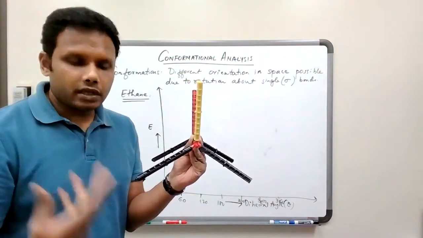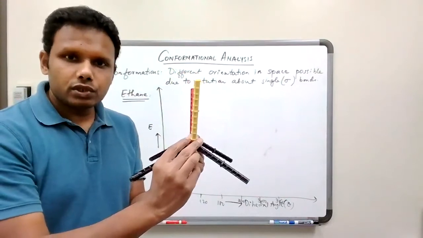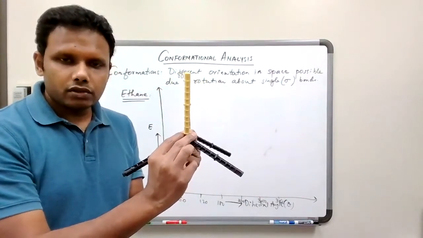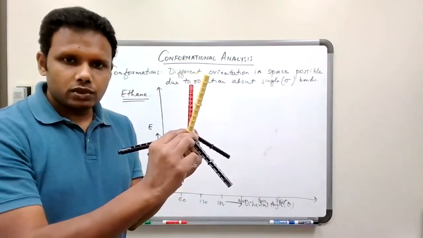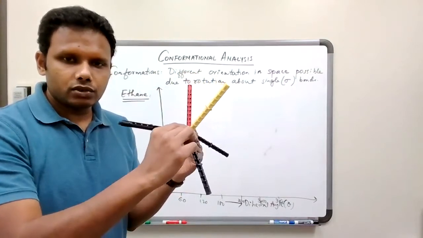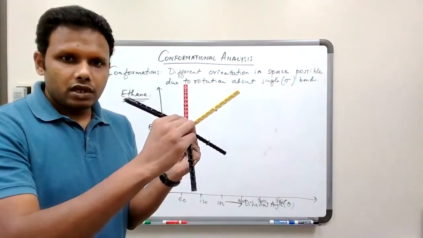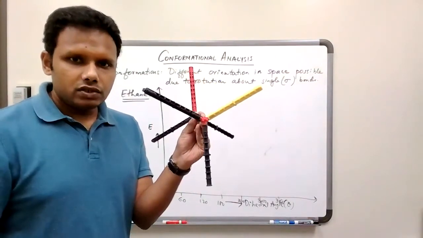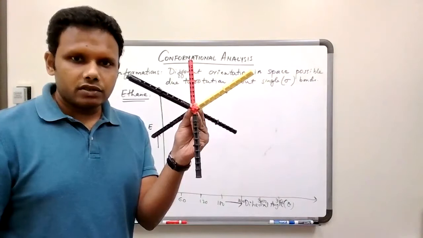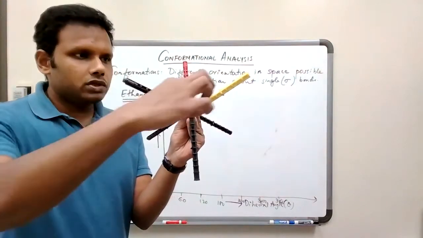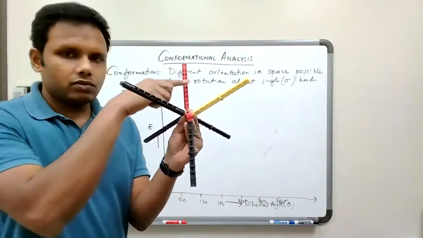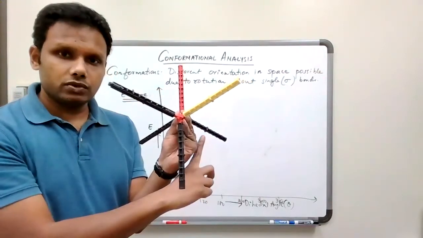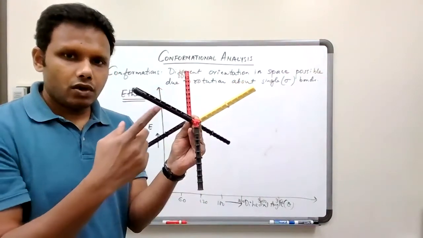So what would they like to do? They would like to push away from each other. So this bond, as it rotates, is actually pushing the electron density away from each other. And when you get to the staggered conformation, when these groups are the farthest away from each other, notice how the electron density here is away from the electron density here, but it's also away from that electron density on this side.